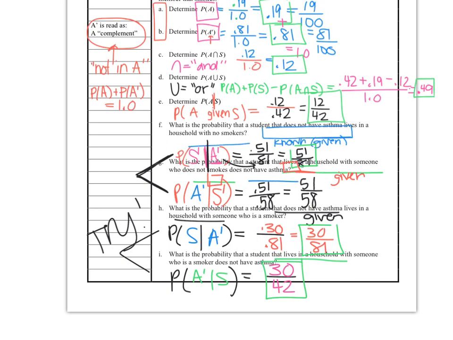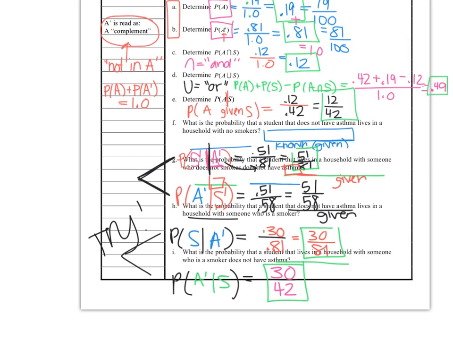Okay, so here in part H, we're talking about S given A complement because we know that this student does not have asthma and we want to know the probability that they are in a house with someone who smokes. So given A complement, that's the non-asthmatic, and we want to know the probability of being in a household that smokes. So what I did was on my table, I focused on the A complement part.